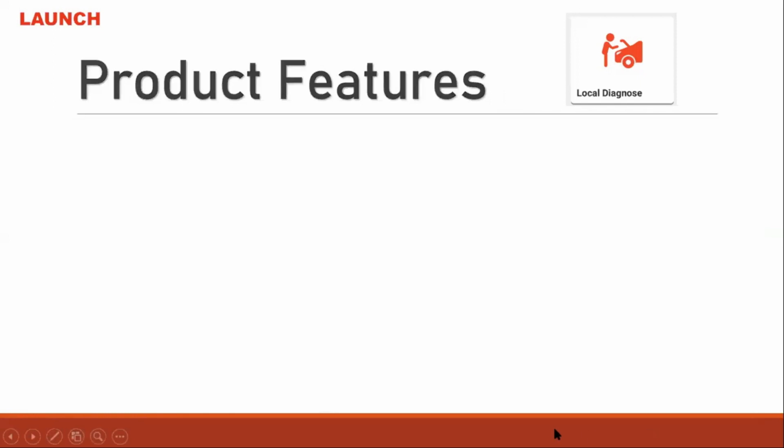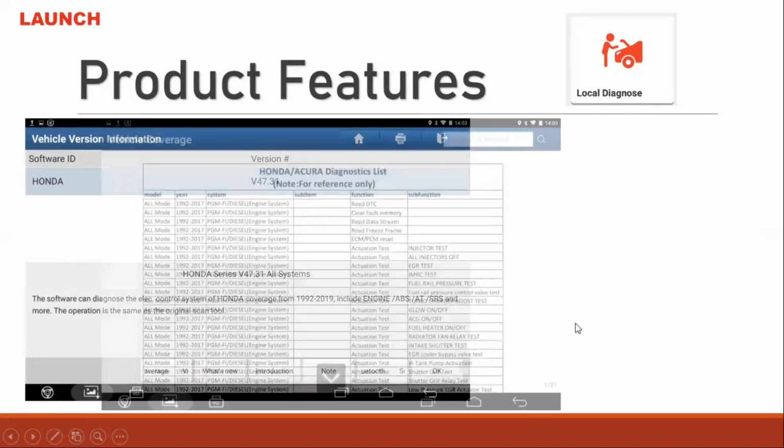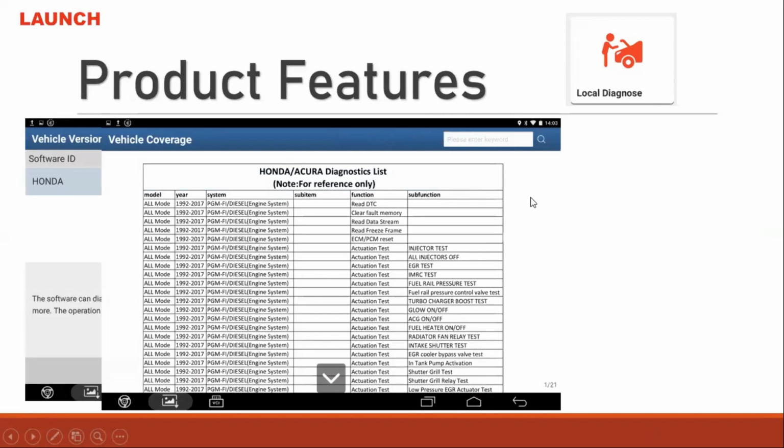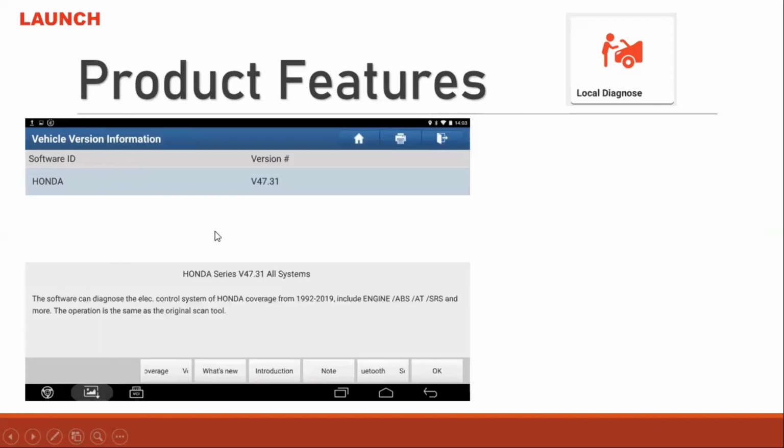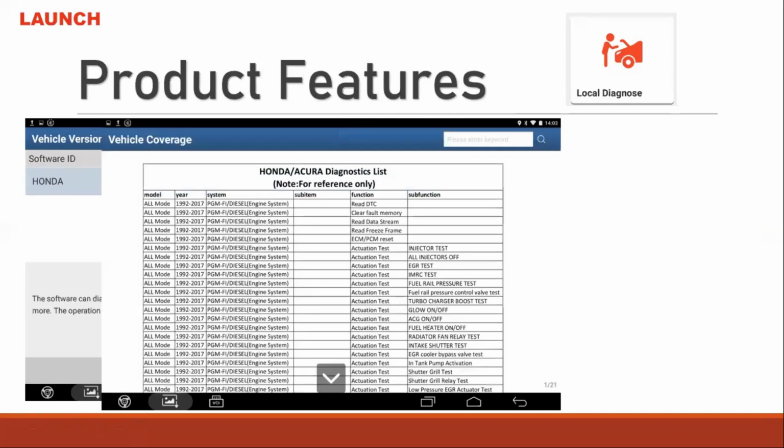Next, if you are using the local diagnosis, in the lower bar there you see Vega coverage, what's new, and introduction. Many people don't see this, because many customers ask whether this software includes this car and this function or not.